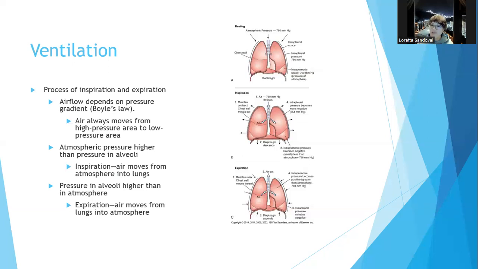I think it's amazing. We talked about the kinesiology of ventilation at the very end of fall quarter, hopefully you remember that. You have all those muscles helping to change the capacity of the thoracic cavity to make the pressure gradients that make the air move in and out.